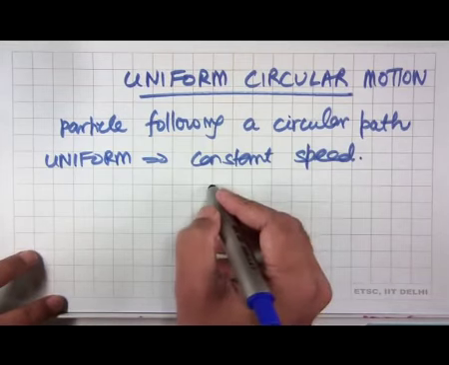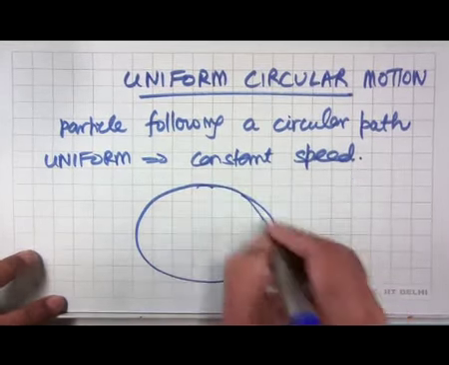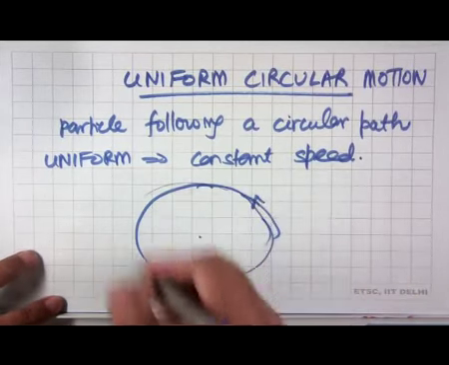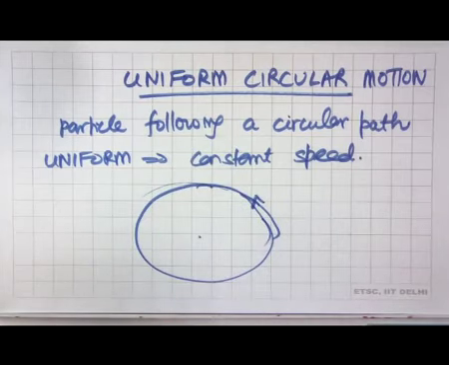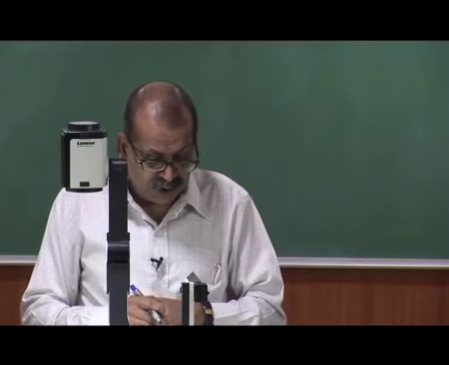So, if we plot this here, if this is a circle, if we have a particle which is moving along this circle or the circumference of the circle with a constant speed, then we say it is in uniform circular motion.